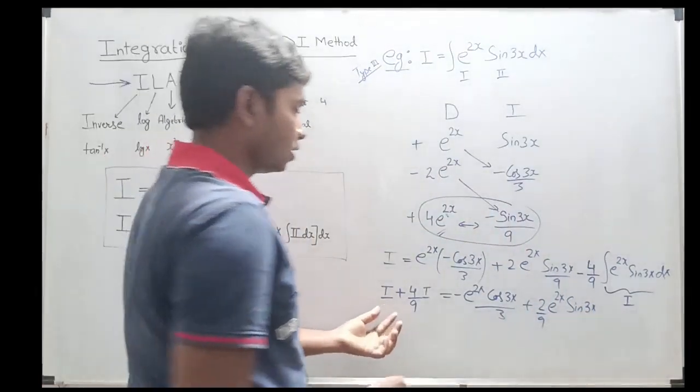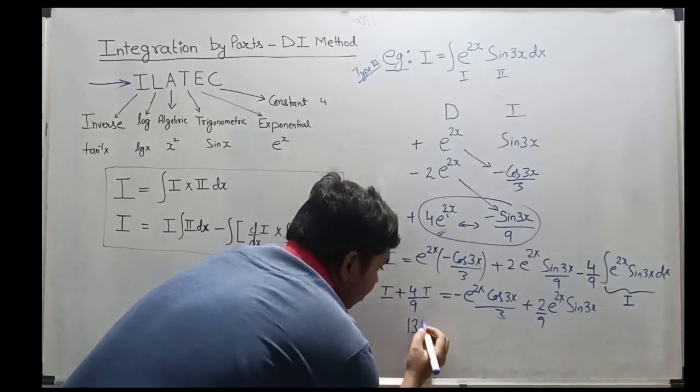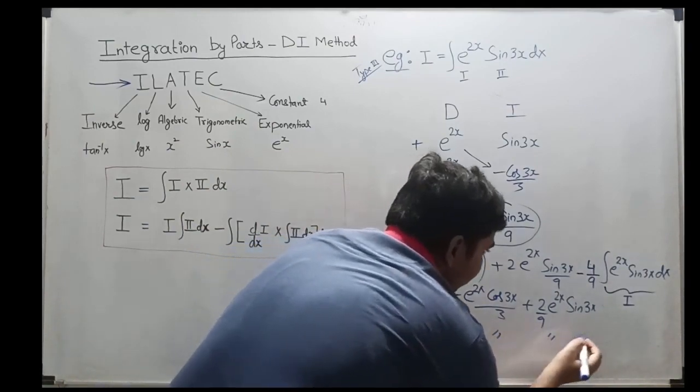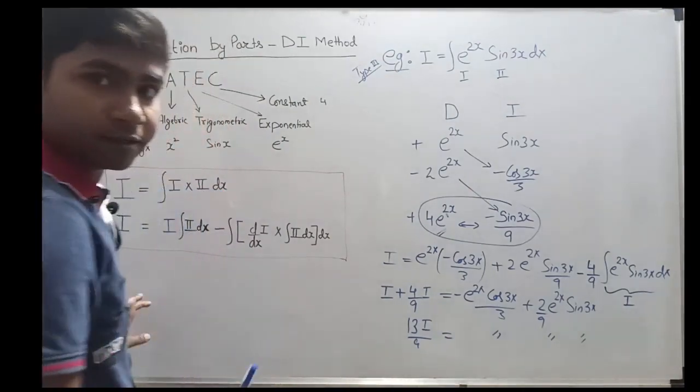So if we add, it will come like 13 I by 9 is equal to the same function.